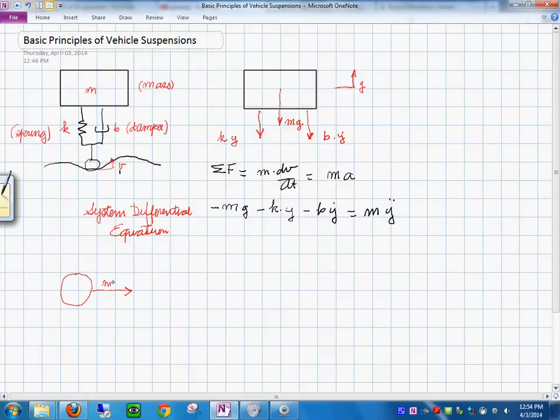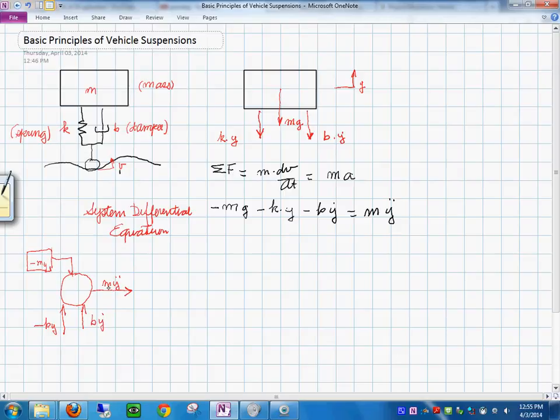If this is my y double dot as the result of the summation, it follows that we could build this block diagram. This would be minus mg, and you will have minus k times y, and you will have this b times y dot.